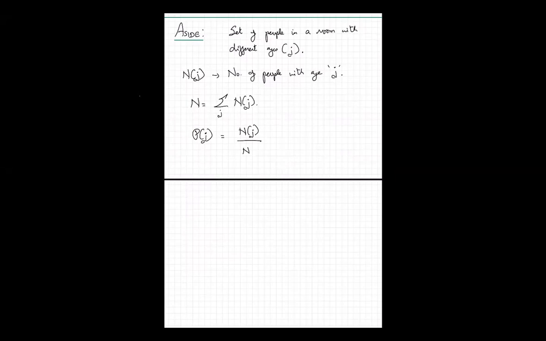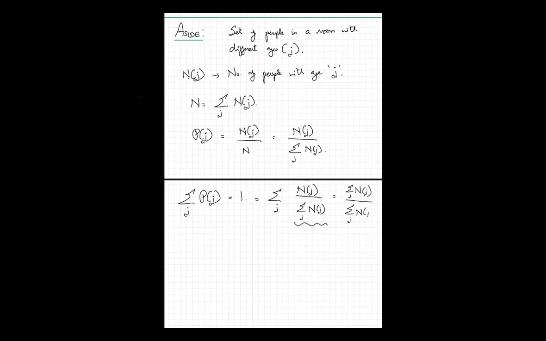So this is equal to n of j divided by the total number of people in the room. So obviously, if I sum over the probability of finding people with age j over all possibilities of j, I will get 1. Why? Because this is equal to the sum over j of n of j divided by the sum over j of n of j. Now the denominator is just a number that is independent of j. So this is basically the sum over j of n of j divided by the sum over j of n of j, which is equal to 1.